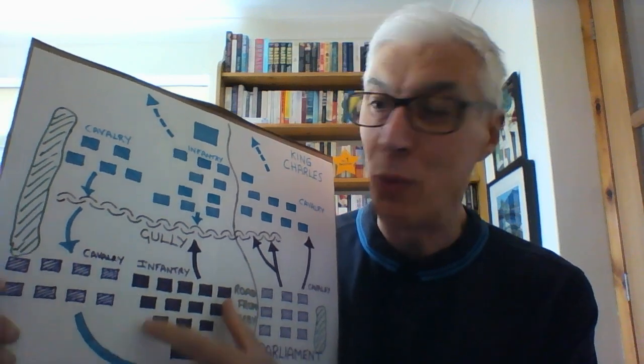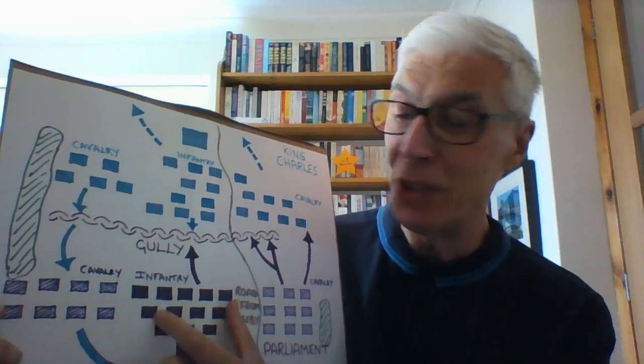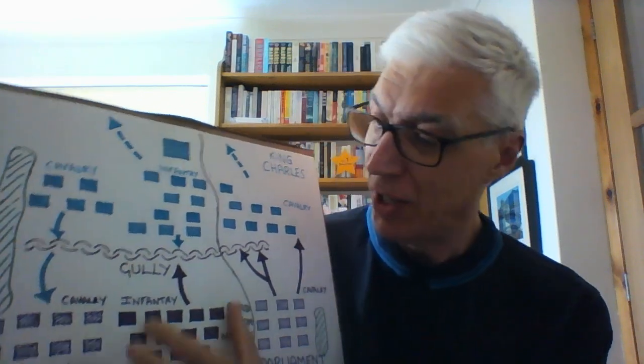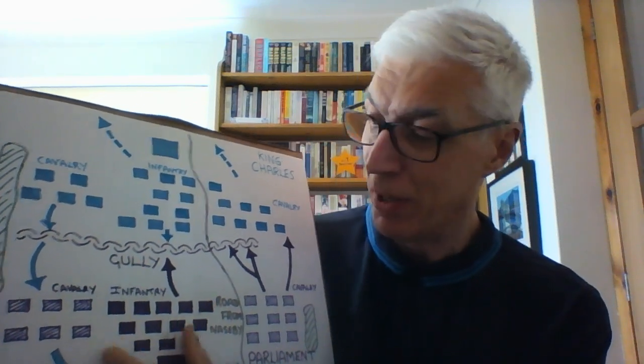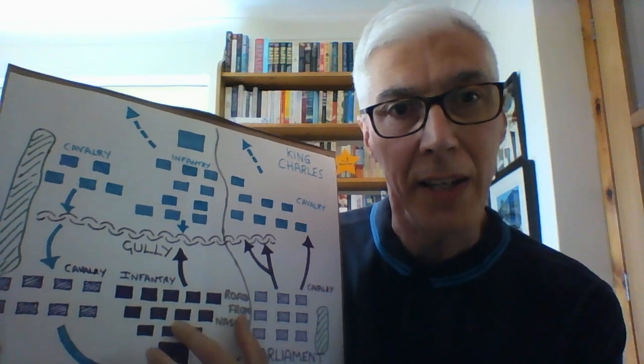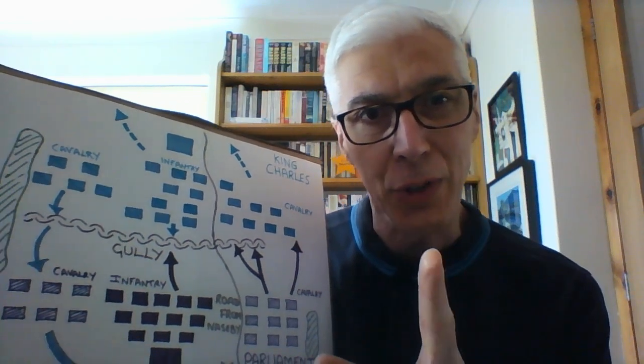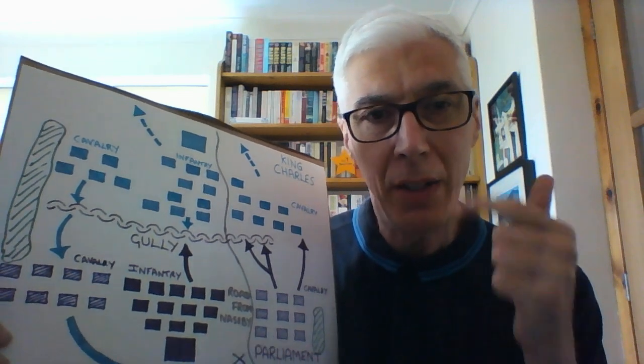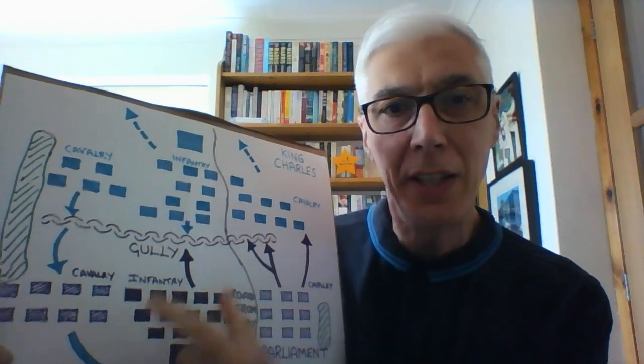They do not run, they hold their position. So although the king's infantry did well at the start, they are then held up by the second line of infantry, by the New Model Army. Well trained, well disciplined, they did not run.